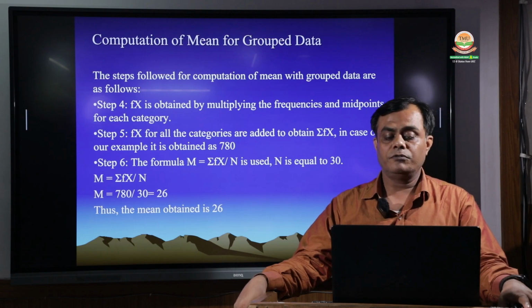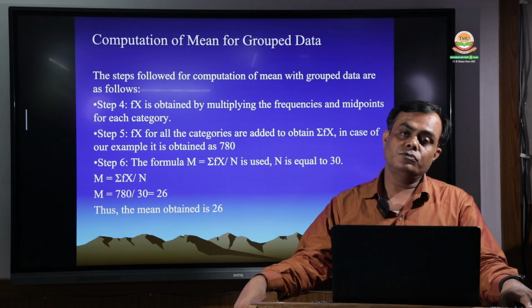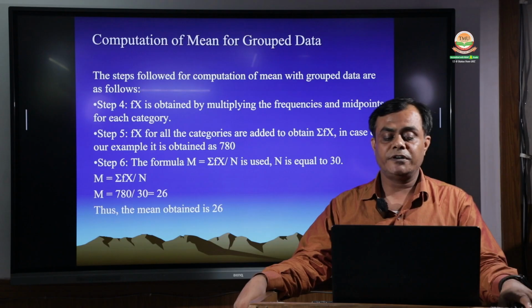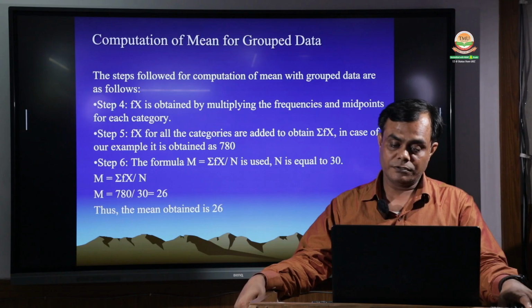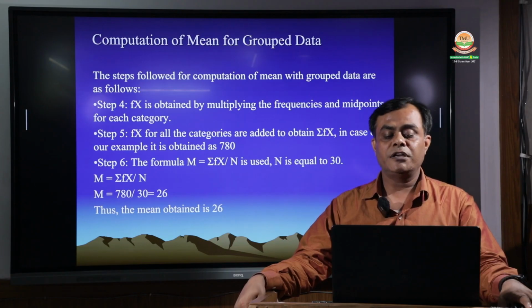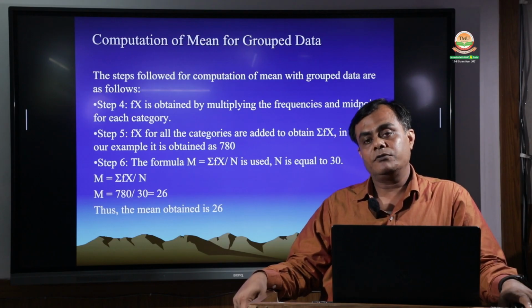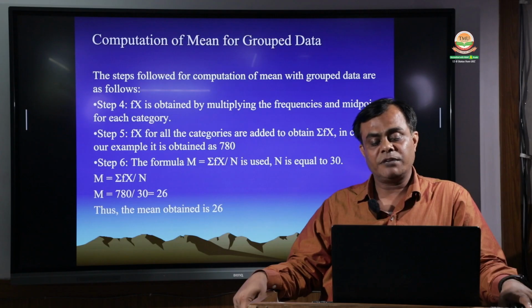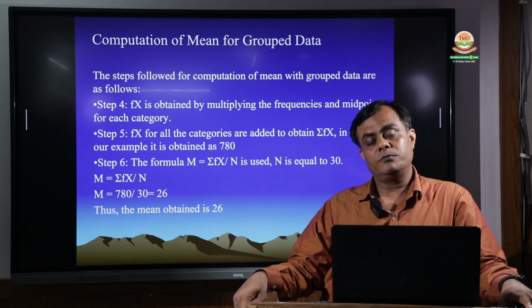So for each category we get a different fx. We have 6 different fx. Fifth step: the fx of all categories are added to obtain sigma fx. So in this case we have a total of 6 fx, and adding all 6, sigma fx is 780.